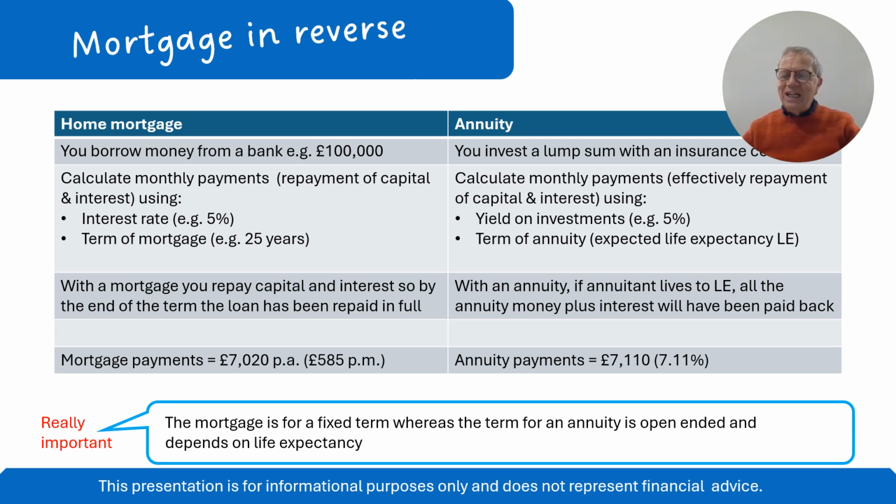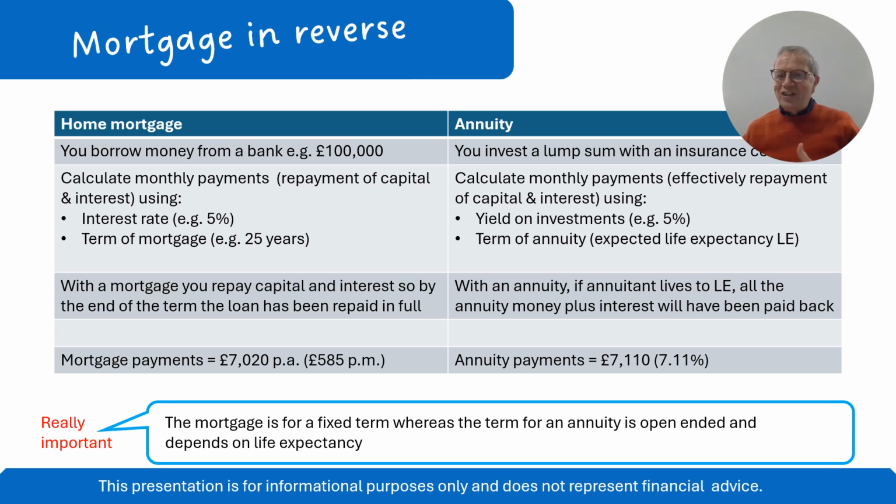With an annuity, it's the opposite. You invest, let's say, £100,000 with an insurance company, and then they'll calculate the monthly payments. It's quite complex, but effectively they're repaying the capital and interest using the yield on investments, and I'll talk about that a little bit later, and the term of the annuity.